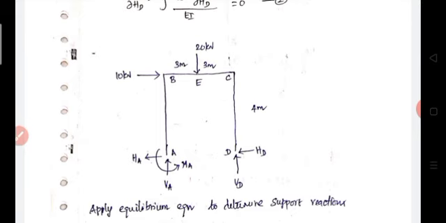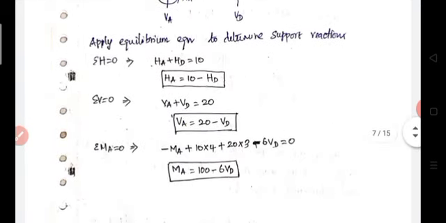Plus VD into 6 creates an anti-clockwise moment. The remaining HD, HA and VA don't create any moment because their point of action lies at point A. So the final equation is MA equal to 100 minus 6 VD.